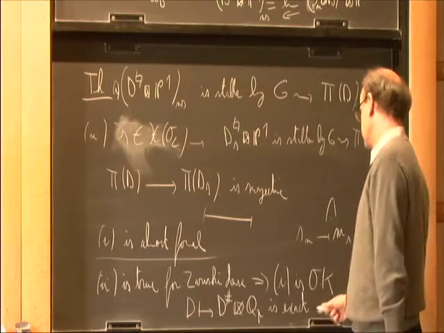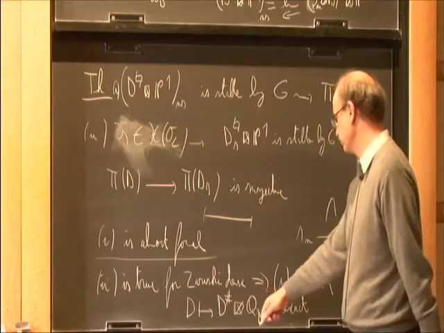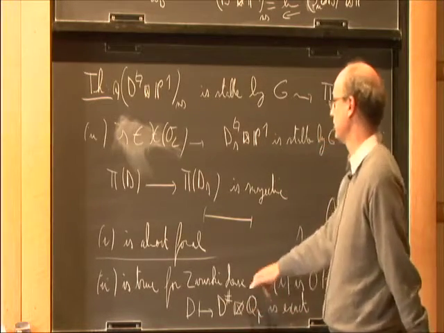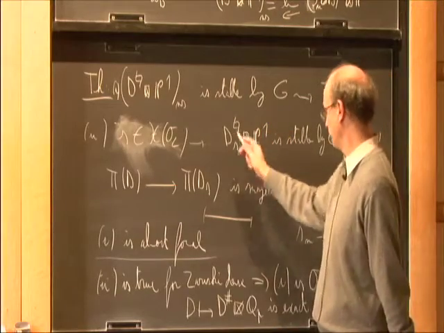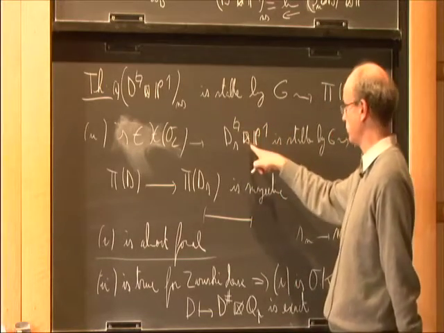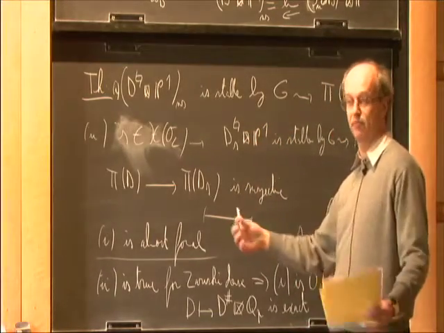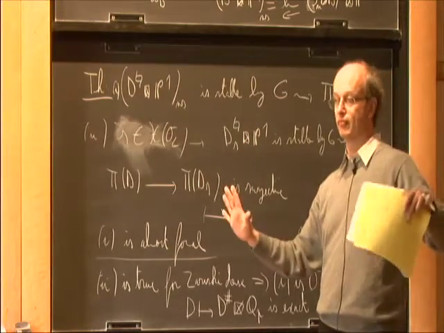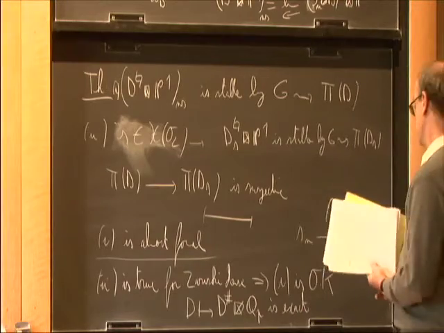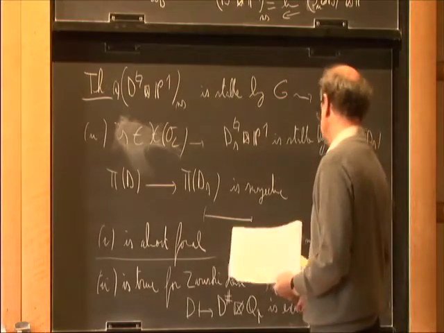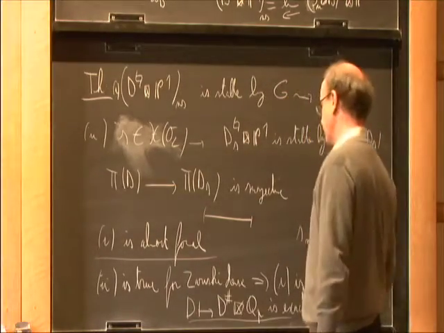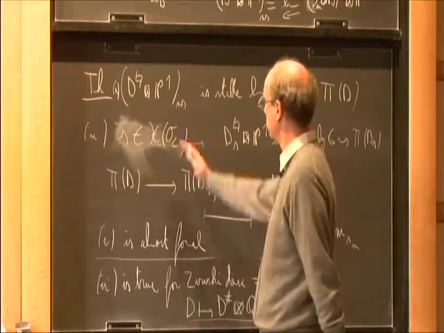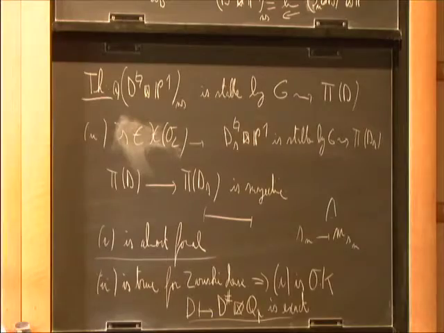Then you have to know that D sharp tensor Q_p is not very far from D natural cross P1, meaning it is the same thing up to finite length things. So this part is not very difficult. But first I have to tell you what kind of family we are going to use.